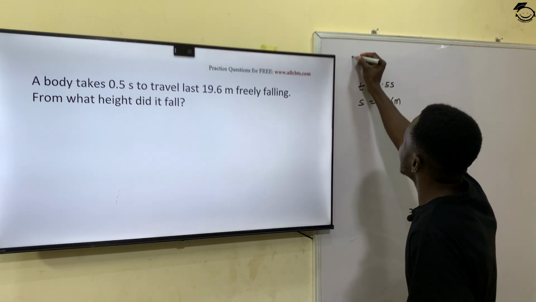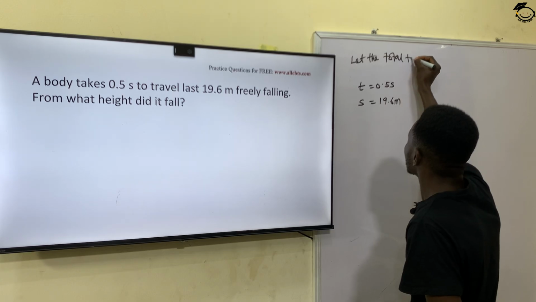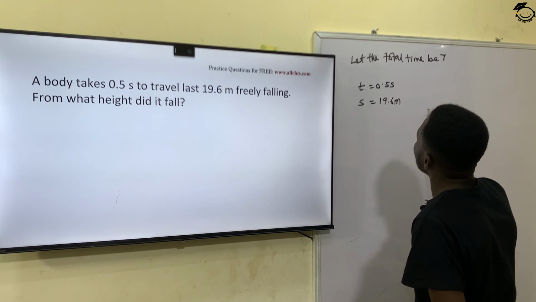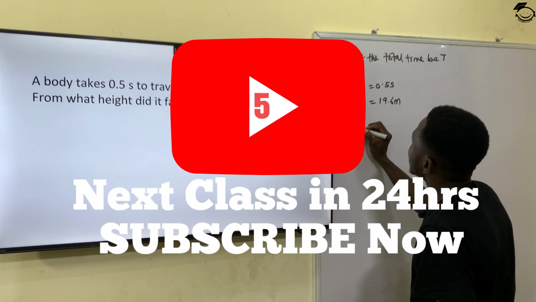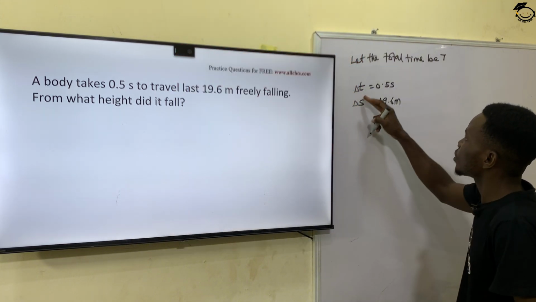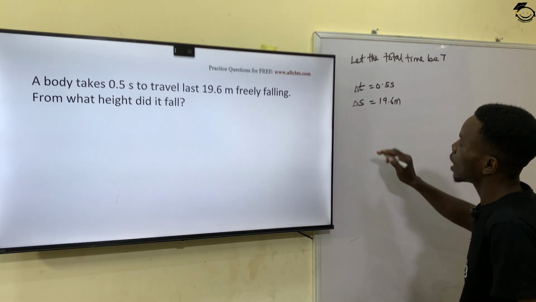So let the total time be capital T, let this be change in small t, and this be change in the distance. So let's use change to differentiate this time from my total time as well as the total distance.